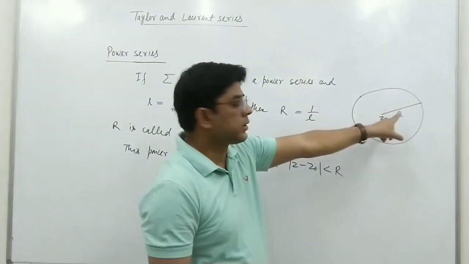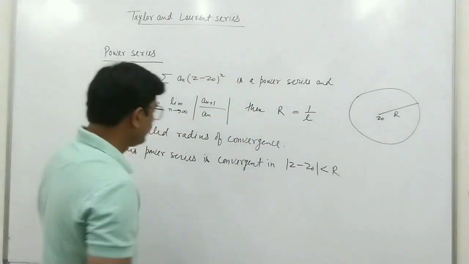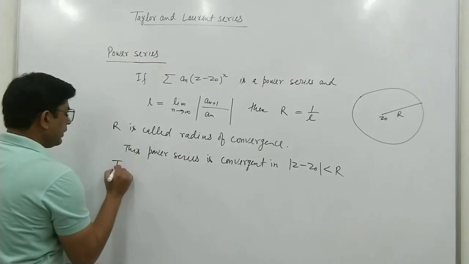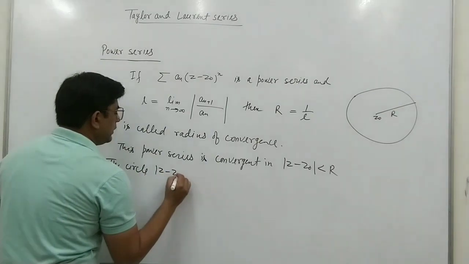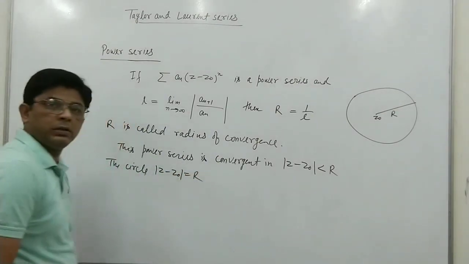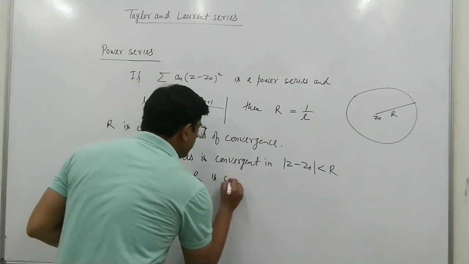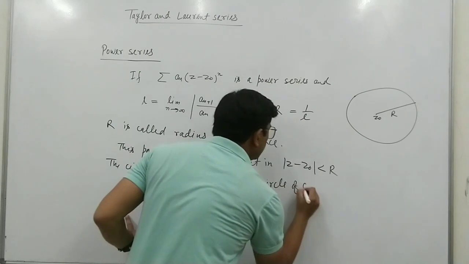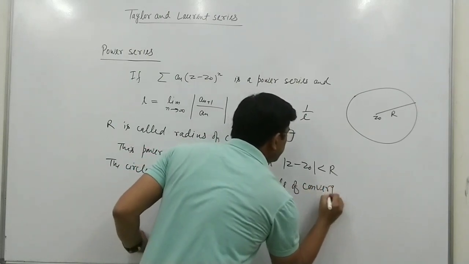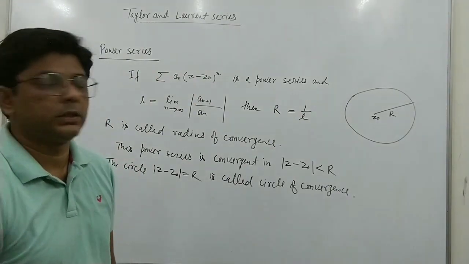This R is called the radius of convergence, and this circle, mod z minus z0 equal to r, is called the circle of convergence.